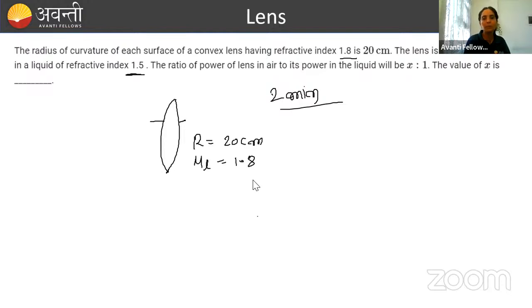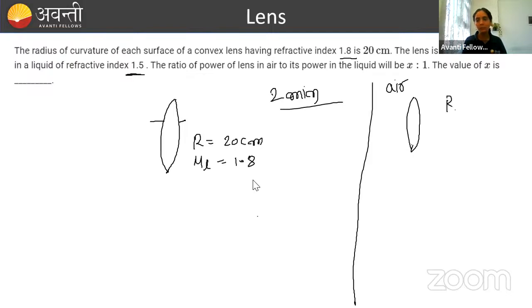Now the lens is immersed in a liquid of refractive index 1.5. The ratio of power of lens in air to its power in the liquid. So we need to see what will be the focal length of lens when it is in air and when it is immersed in a liquid, right? So when the lens is in air, suppose first case, when the lens is in air.